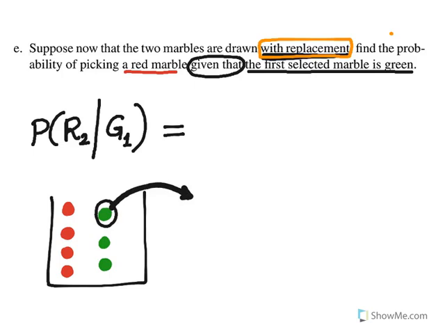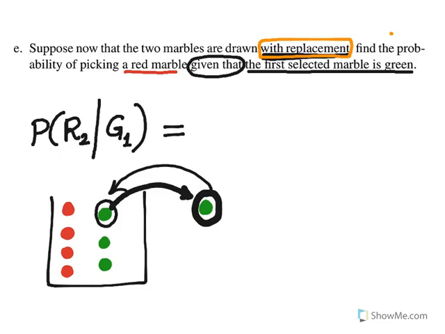So this was the first draw, but what happened is that we got it here, and then we took it and returned it back. So it's kind of like not doing anything. So these events will be independent now, because you returned the green back, and so the situation became the same as if you didn't do anything.